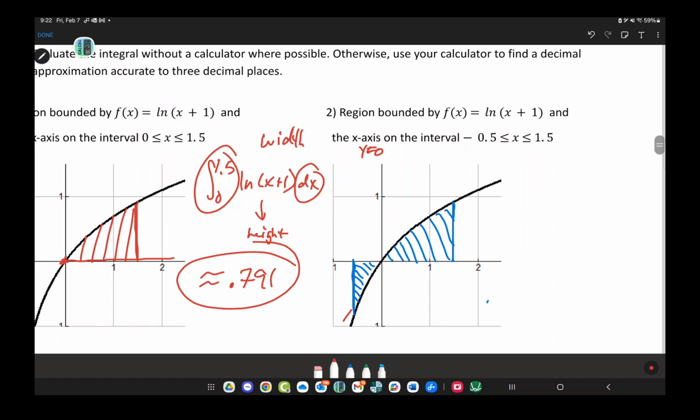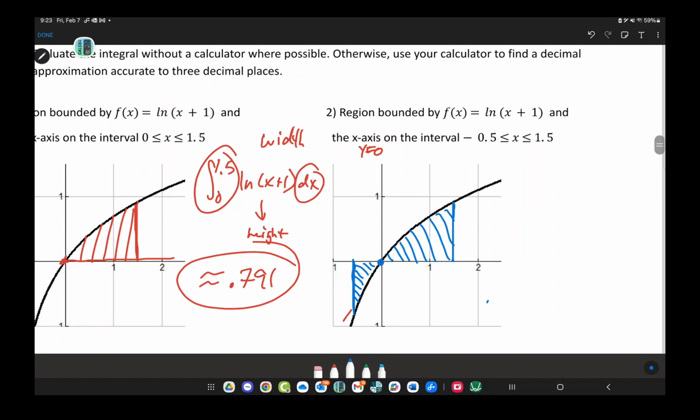But the second one, since I need to reverse the order, my upper function is now 0. It's going to be the integral from 0 minus my lower function. Well, the integral from -0.5 to 0 of 0 minus natural log of x plus 1. So what I'm trying to say is this.